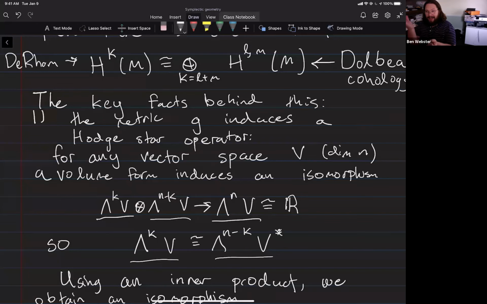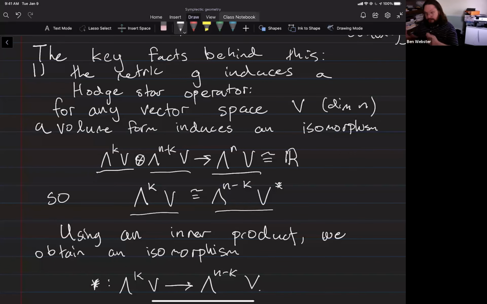And I'm going to send that to the volume form on the n minus k dimensional annihilating subspace in V dual. And those volume forms are normalized because I have fixed a volume form. Right?